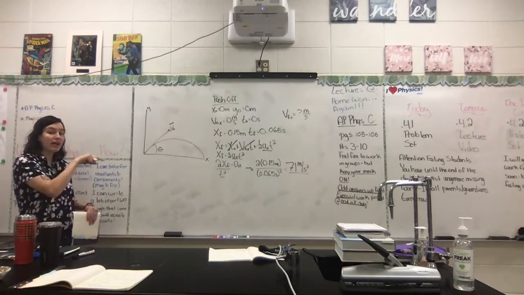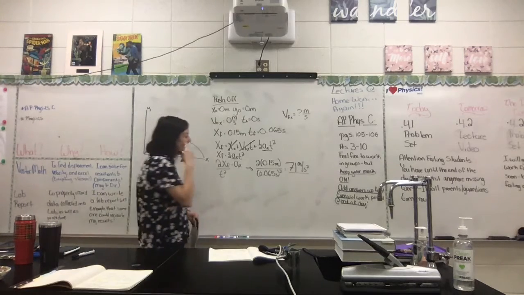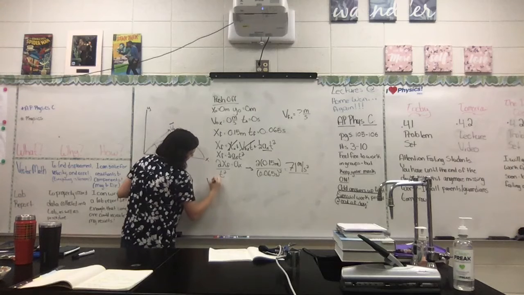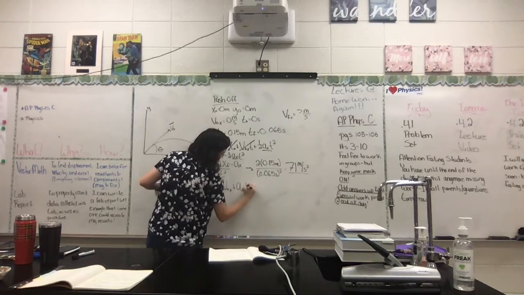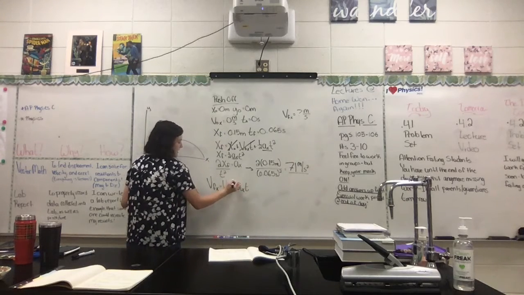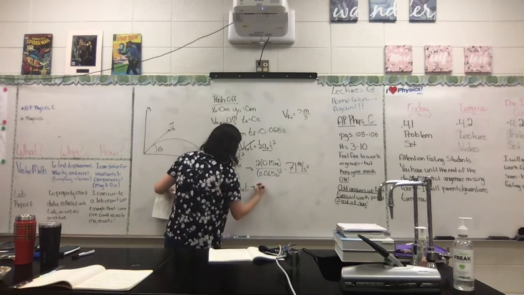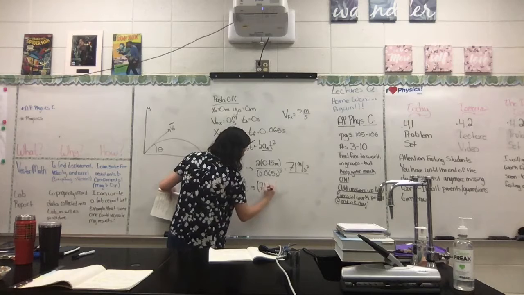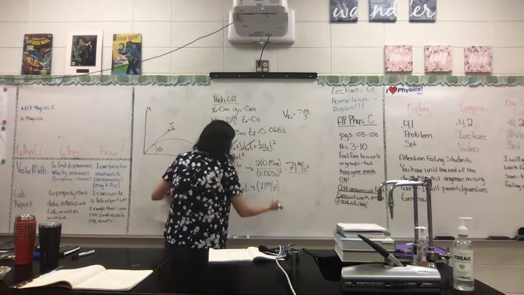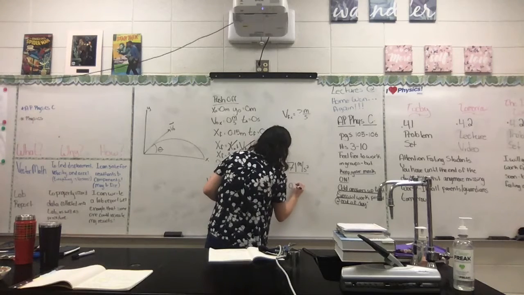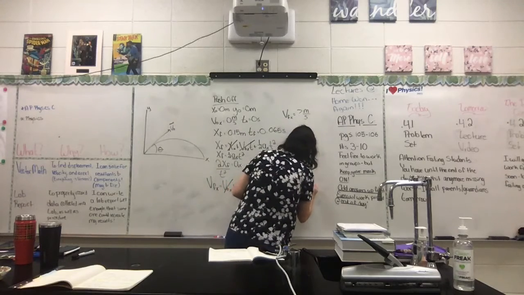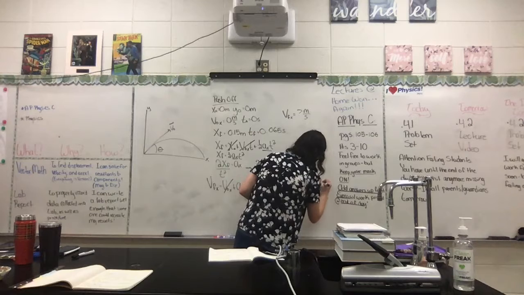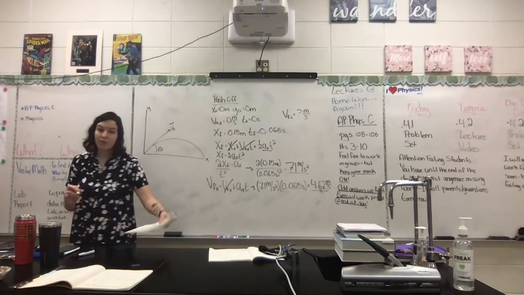Now we can plug it into our vf equation: vfx equals v naught x plus a x t, and v naught x is 0. So vfx is equal to 71 meters per second squared times 0.065 seconds, and we get a final velocity of 4.62 meters per second.